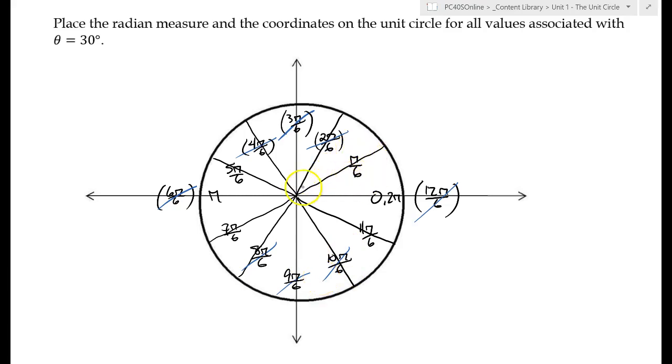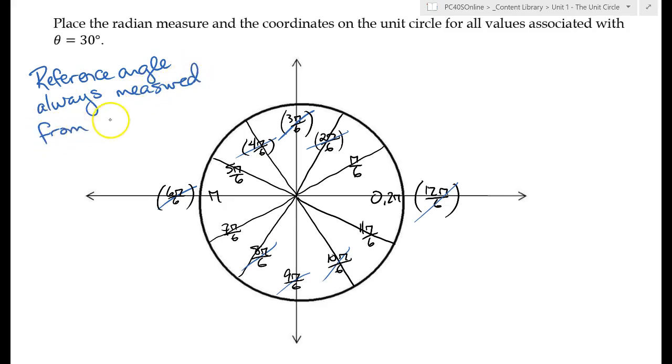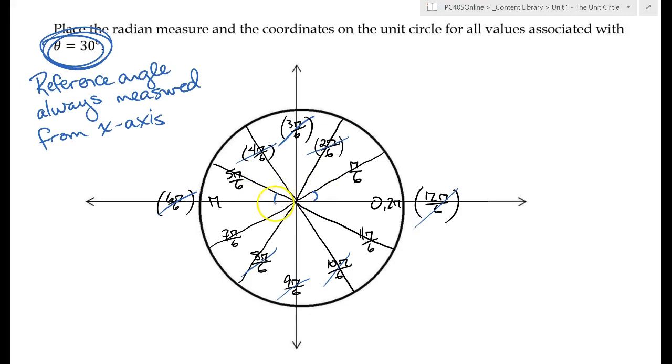So the only actual, and this kind of fits with the idea that I've mentioned before, where our reference angle is always measured from your x-axis. So really when we're talking about theta equals 30 as the associated values, we're going to be talking about 30 here, 30 here, 30 here, 30 here. We're not going to be talking about these other ones.